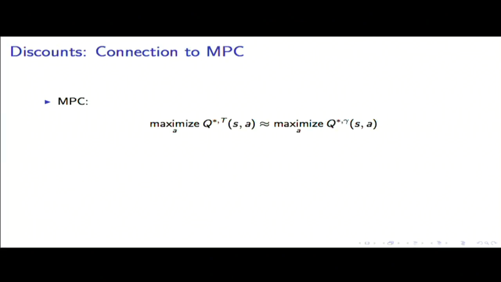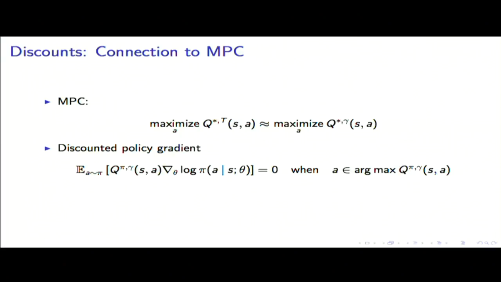There's actually a connection to model predictive control, which was in some of the previous lectures, which is worth noting. I'm not going to go into it formally. What do we do in model predictive control?